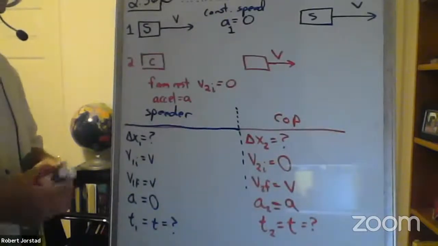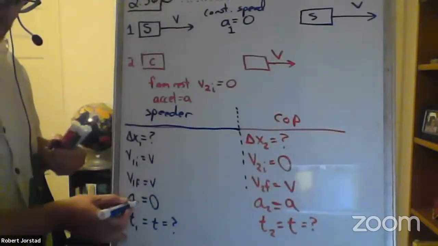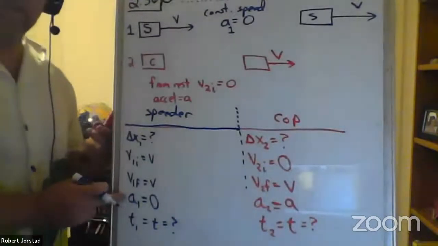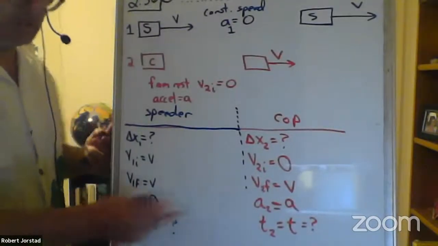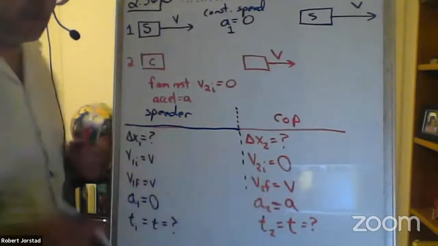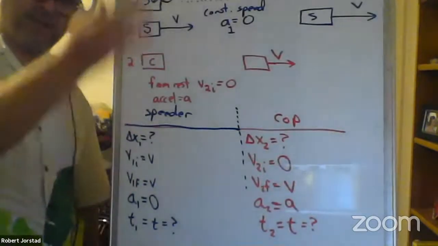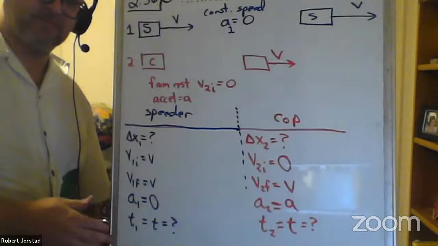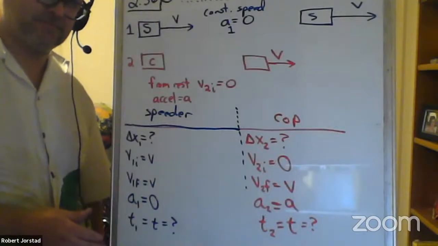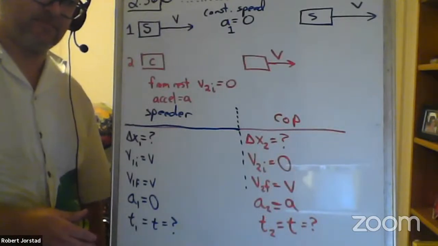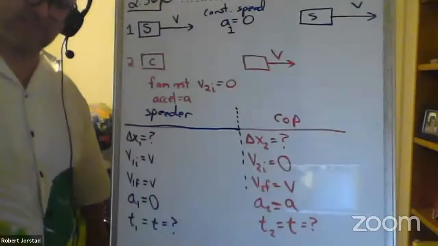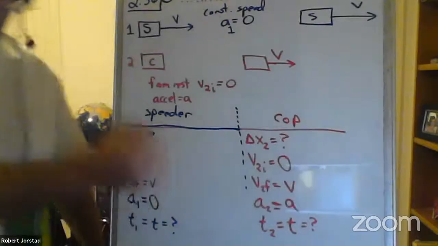I should probably be careful over here. This should be an A1, right? 1's acceleration is 0. 2's acceleration is rate A. Do I need to worry about minus signs on any of these? No. So we don't have to worry about that on this problem. Everything's going to the right. We got it. Okay.